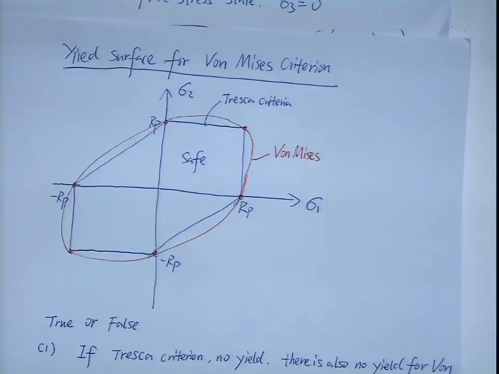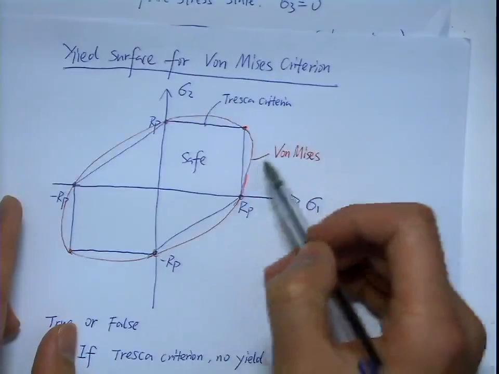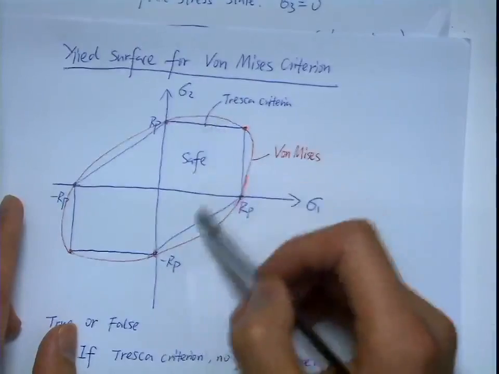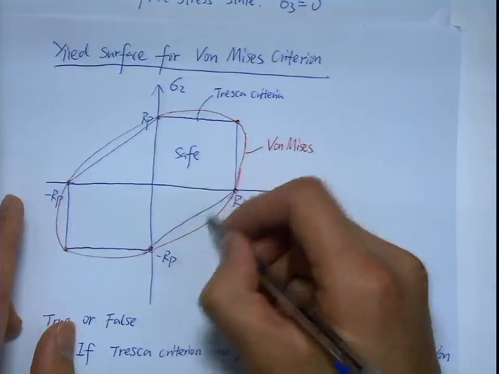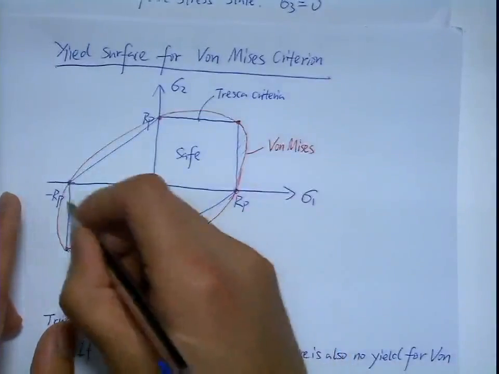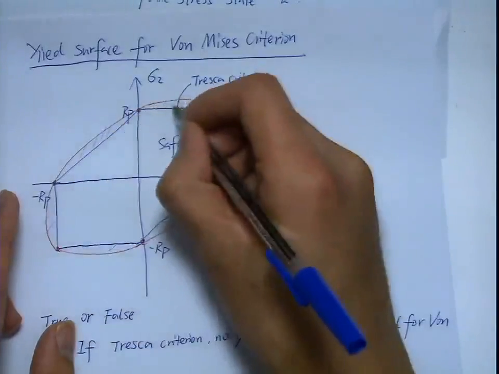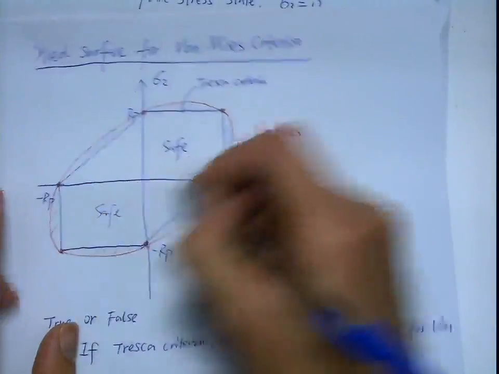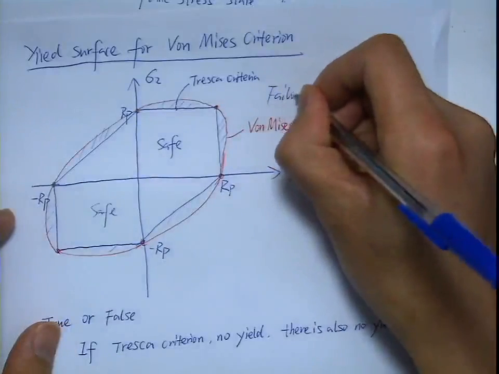So Tresca is more critical, but Von Mises allows you to have more area in that part. Okay, safe and failure.